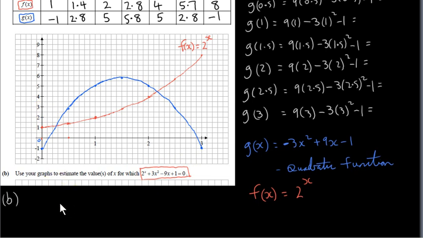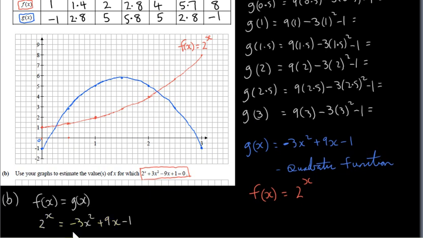If we put f of x equal to g of x, we will actually get this equation here. You see, f of x is 2 to the power of x. G of x is minus 3x squared plus 9x minus 1, if I write it like that. Of course, the x squared term was written second in the question, but normally a quadratic function is written with the x squared term first.